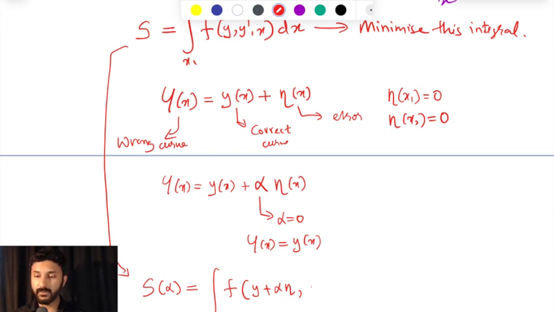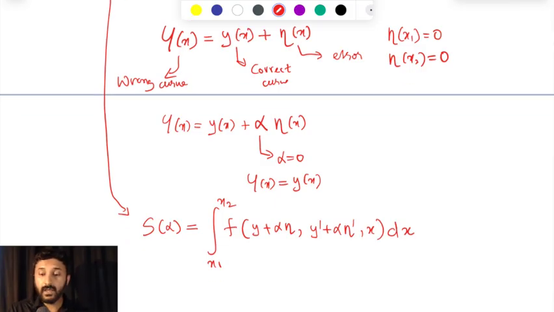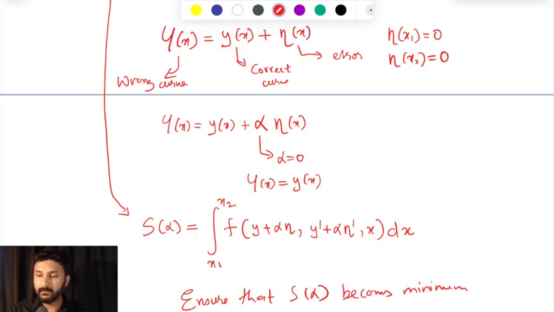So our problem therefore modifies, so I'm going to write it explicitly in this form, between x1 and x2. So our problem then modifies to finding out or ensuring that S of alpha, this integral, becomes minimum at alpha equal to 0, right?